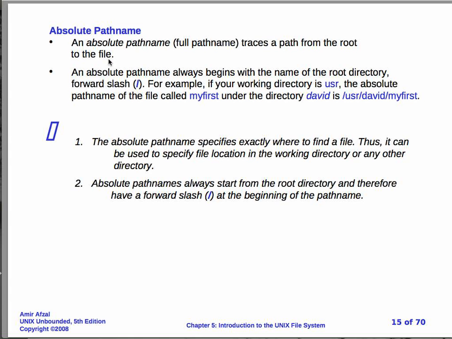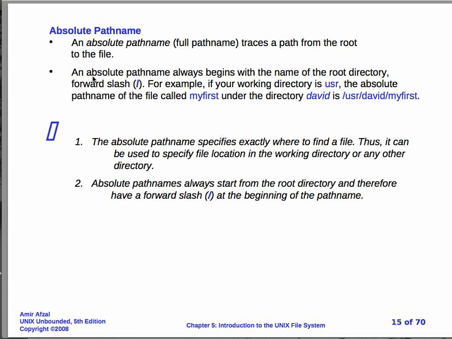So to get around this, we'll see in the next couple of slides that you can use relative path names, but relative path names can be troublesome because you might have two files that have the same relative path name depending on where you are. So that's the problem with relative path names. So when in doubt, always use the absolute path name.